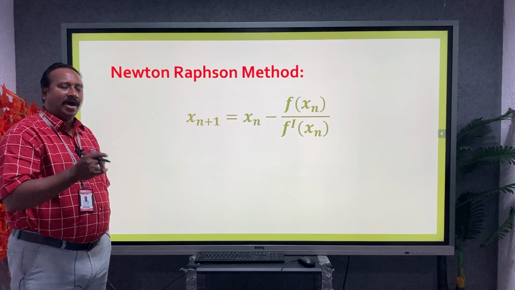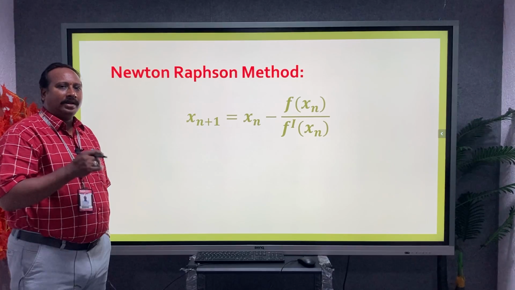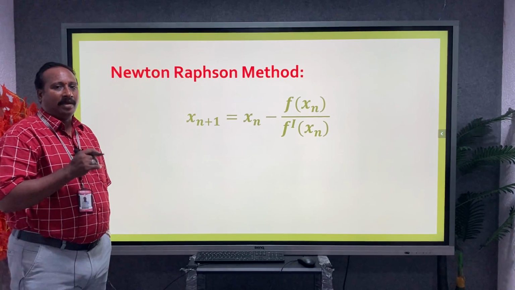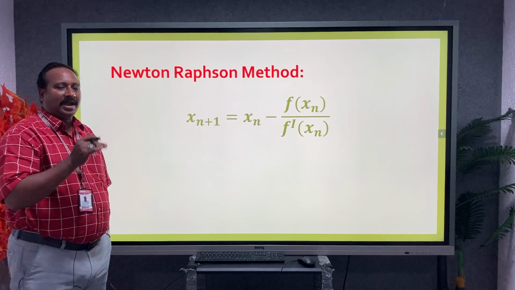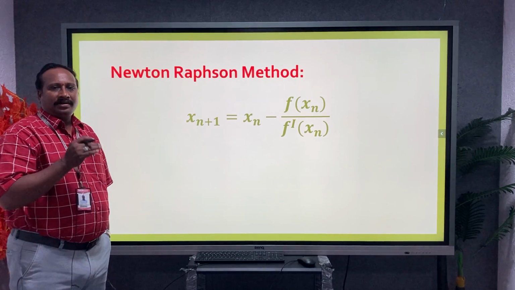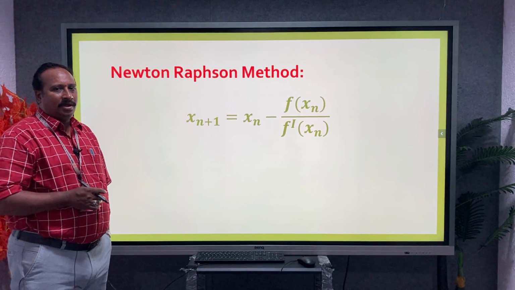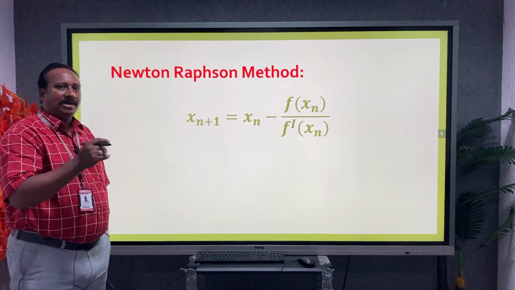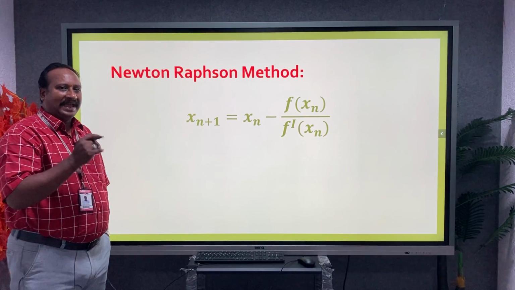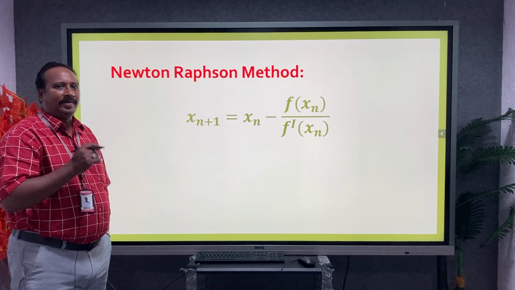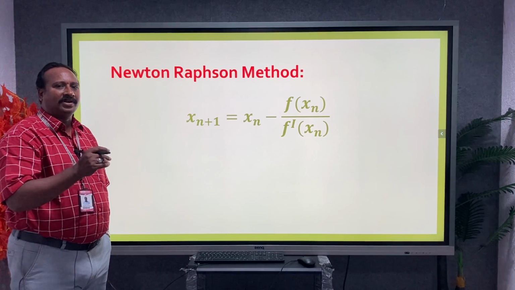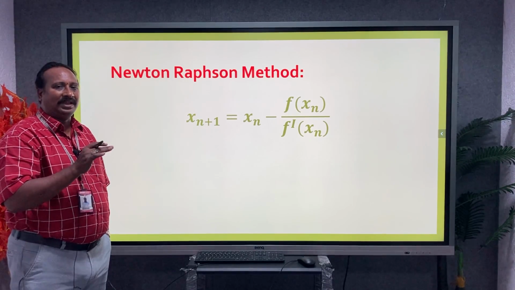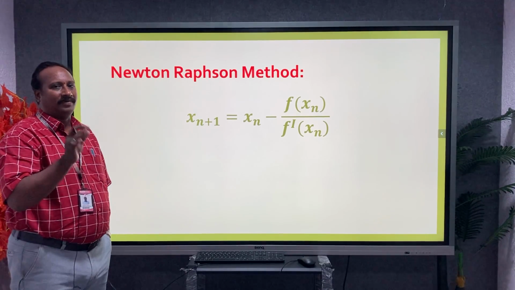If the equation involves logarithmic, exponential or trigonometric functions, then that equation is called a transcendental equation, otherwise the equation is called an algebraic equation.